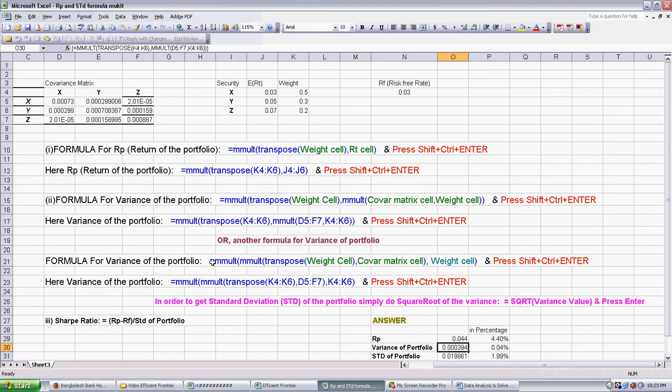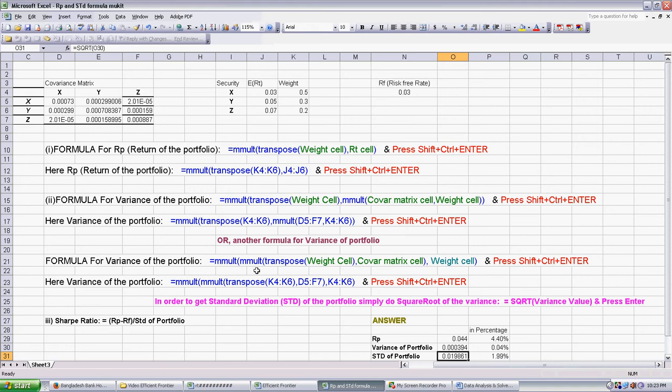There is another formula to find the variance of the portfolio. This will give you the same result. Here we have found the variance of the portfolio. If you want to find the standard deviation, you need to take the square root of this variance. So here is the formula.